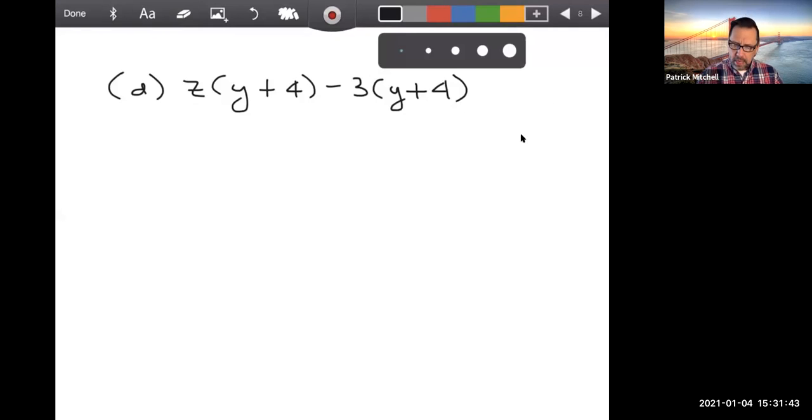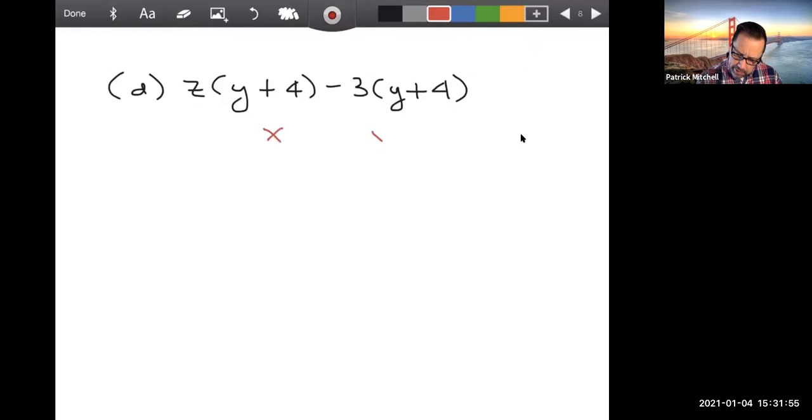All right, so the way I like to deal with a problem like this at first is to pretend that instead of saying z times y plus 4 minus 3 times y plus 4, it just says zx minus 3x. So if that was the problem, that would be easy.